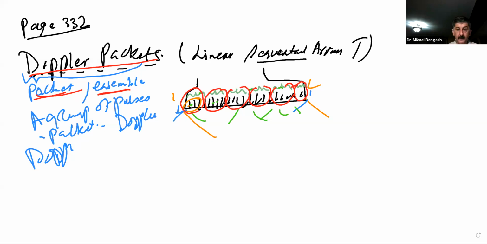Now, what is the main advantage of a Doppler packet? Now, it's going to be more accurate, we can say in terms of velocity measurement.